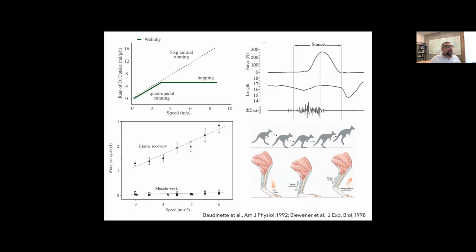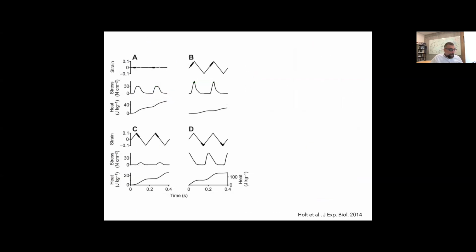To sort of unravel this pattern, Natalie Holt had this really excellent paper in 2014 where she did some really painstaking work to not just vary the pattern of length change in the muscle and measure its force, but to also measure the heat that it's producing, which is a direct measure of metabolic expenditure at the muscle level.